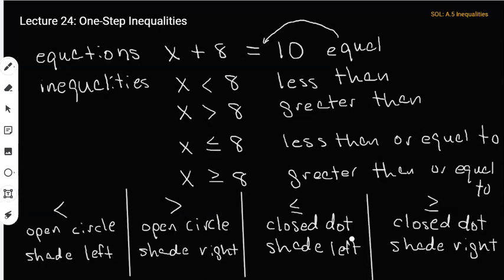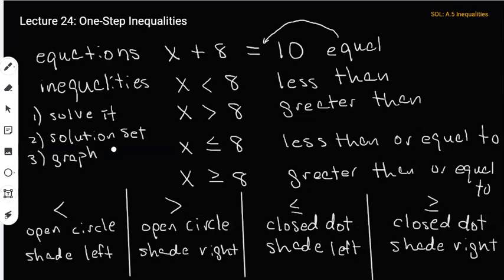So for each question we do today, we're going to solve it first. We're going to write our solution set, just like we did with equations. And then we're going to graph the solution on a number line.